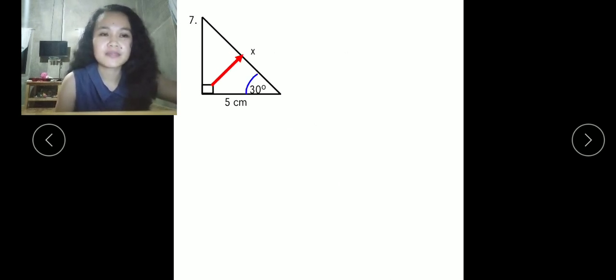So example. If we have x, which is the hypotenuse, and 5 centimeter is the adjacent, and we have the given theta 30 degrees. What trigonometric ratio are we going to use? Cos A, which is equal to adjacent over hypotenuse. So substitute.